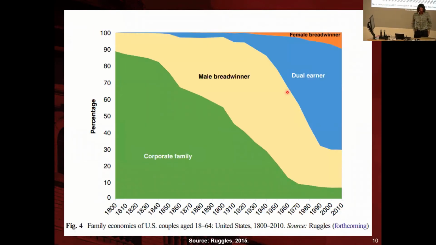An important discussion also in the US in terms of changes in how our society is organized is in terms of how families are organized, also called family economies. Steven Ruggles, he is a professor at the University of Minnesota, and he's the director of this portal that compiles and makes available for free for the whole world data from the US and from other countries, census data, survey data, which is called IPUMS.